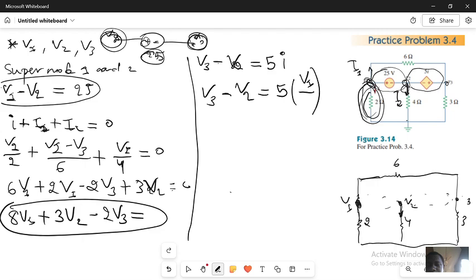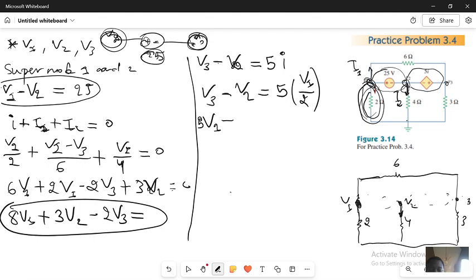By the end I will find V3. Since it is 5 by 2, I multiply everything by 2, so these 2 and 2 are removed. I will have 5V1. I multiply by 2 here and 2 here, they come here, plus 2V2.